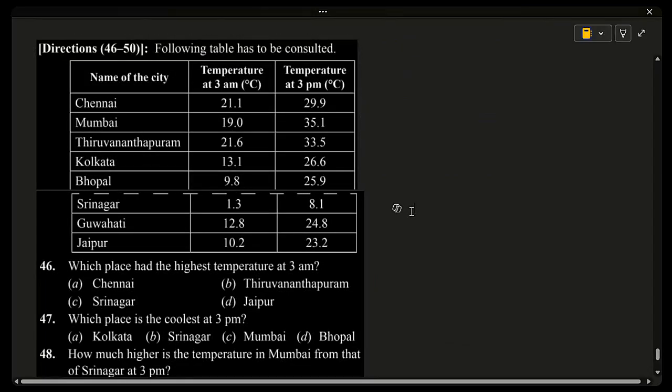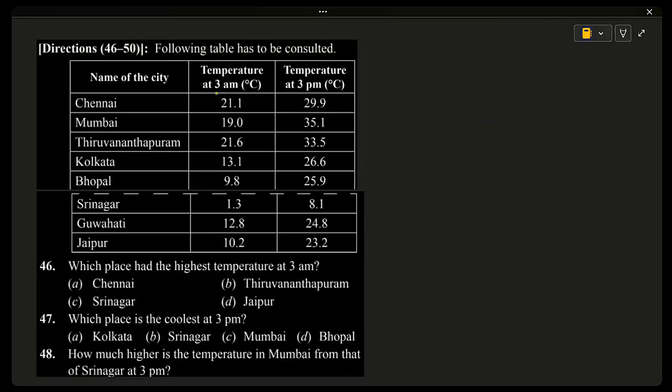The following table has to be considered. Name of the city, temperature at 3 a.m., and temperature at 3 p.m. are given: Chennai, Mumbai, Thiruvananthapuram, Kolkata, Bhopal, Srinagar, Guwahati, and Jaipur. The temperatures are given.